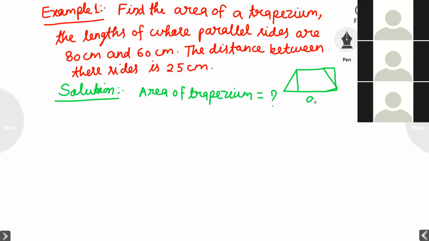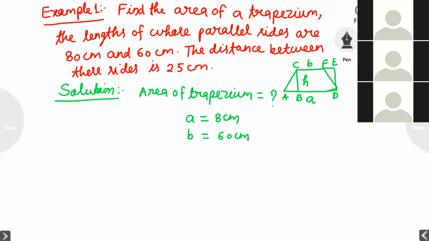This is A, B, and height. First, parallel sides he has given. A equals 80 centimeter. The value of B equals 60 centimeter.